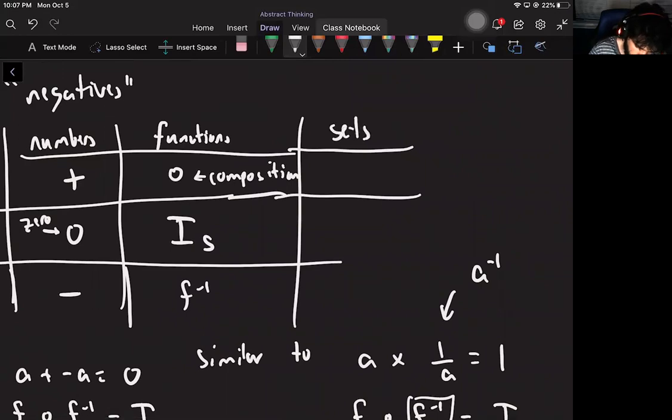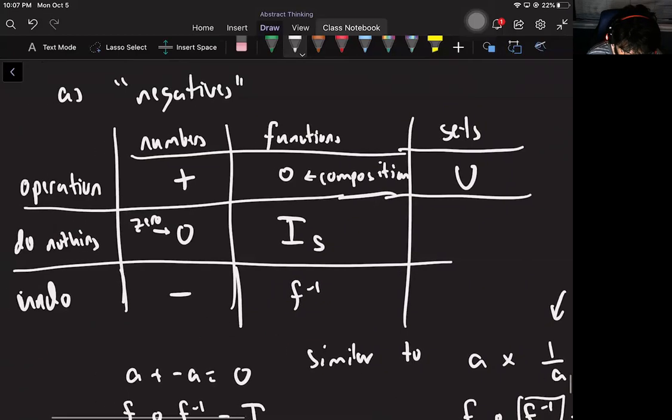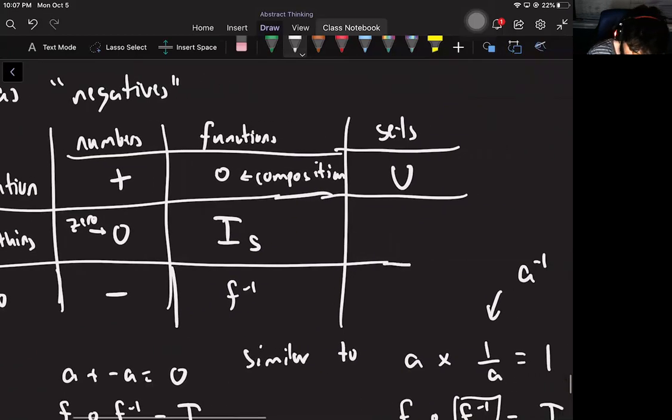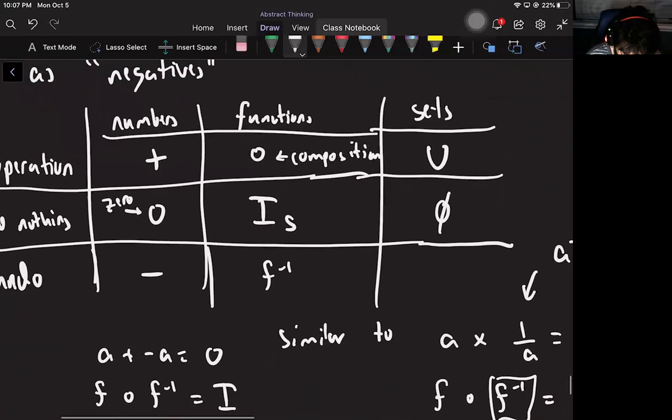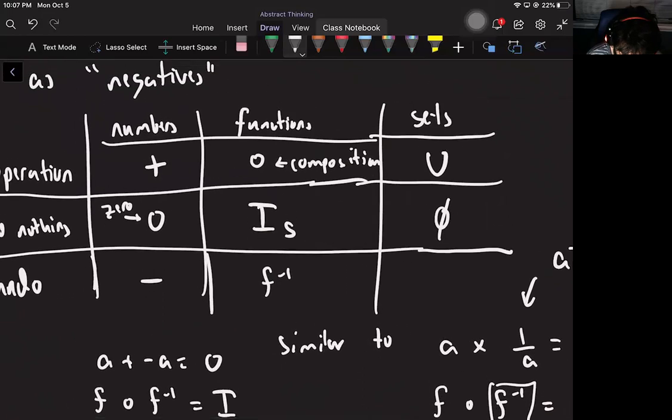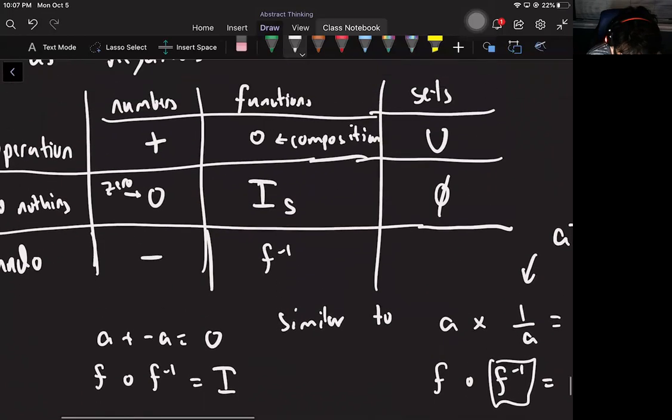So I could stick sets together with union. What's my do nothing set there? Well, the empty set, because if I union a set with the empty set, it doesn't do anything. So that's why it's the do nothing set.